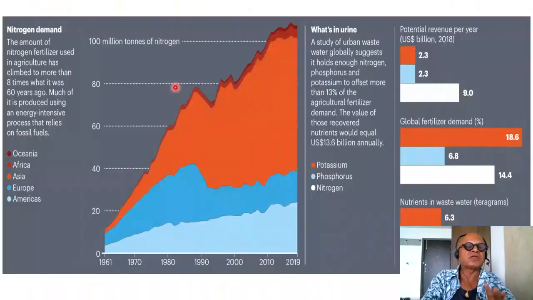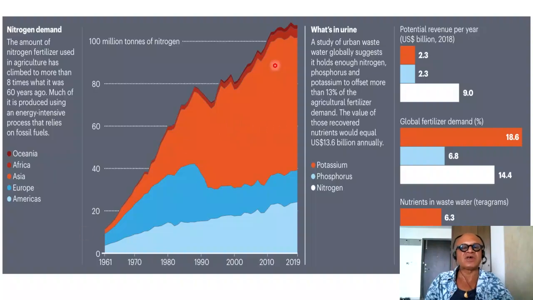Okay, so what are the numbers we are looking at? Nitrogen demand. The amount of nitrogen fertilizer used in agriculture has climbed to more than 8 times what it was 60 years ago. Much of it is produced using an energy-intensive process that relies on fossil fuels. So industrial scale production of ammonium for fertilizer is very energy intensive, and here are the various big demands coming from.